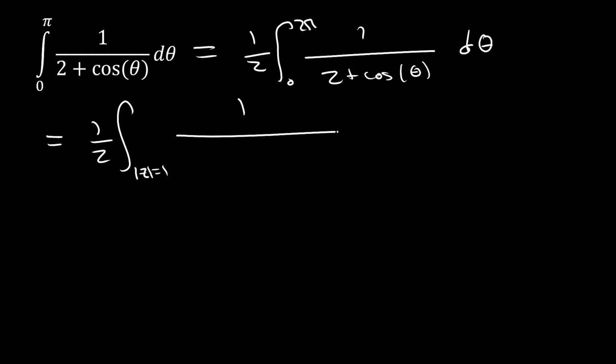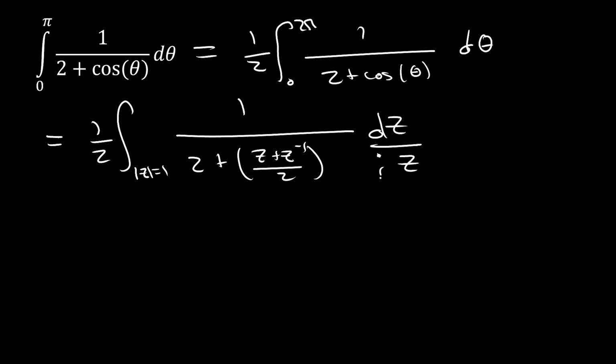Of 1 divided by 2 plus z inverse divided by 2, dz per iz. And now comes the algebra that I didn't want to do last time, that we're going to keep doing here. So all right, now let's distribute the iz through.